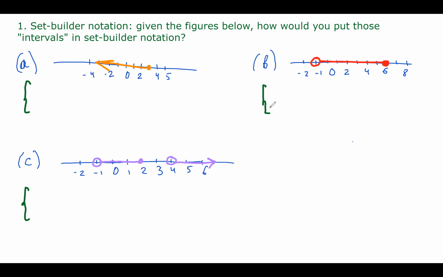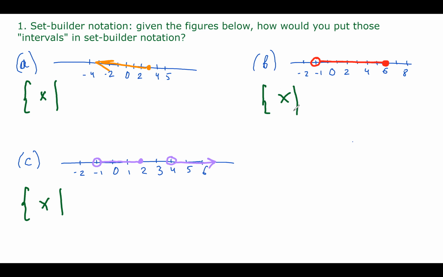In general, we are doing everything in terms of X, but if the information given says the variable is T, you will put T there. But in general we will put the X here, and then the bar. The bar stands for the words such that. So X such that.